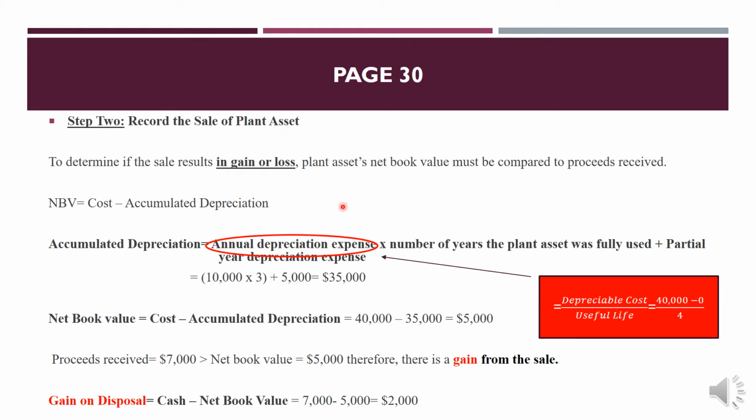The annual depreciation expense is $10,000, and we use it for 3 full years plus $5,000, which is the partial year depreciation expense. So the net book value, cost minus accumulated depreciation, is $5,000. However, the truck was sold for $7,000. So we have a gain of $2,000 because the truck was sold for an amount higher than the net book value.